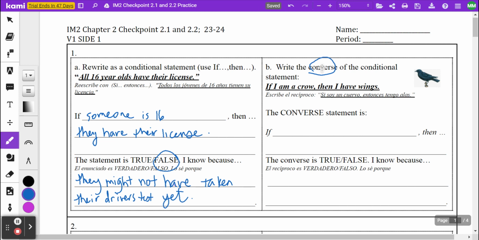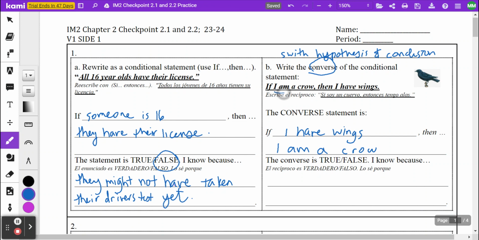All right, part B, write the converse. That should ring a bell in your mind that says switch hypothesis and conclusion. So write the converse of the conditional statement. If I am a crow, then I have wings. The converse is if I have wings, then I am a crow.